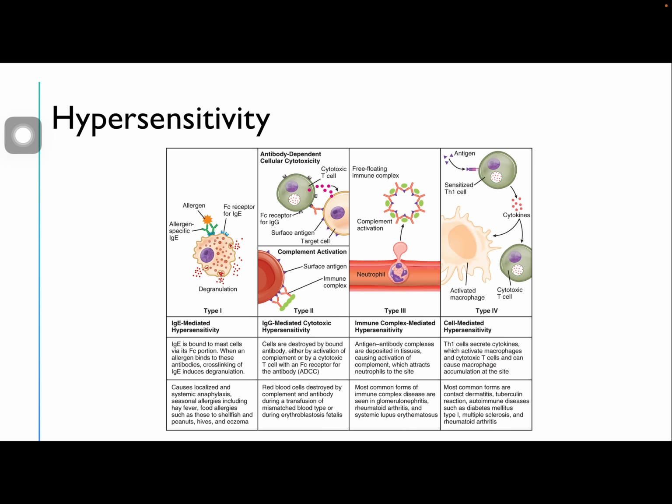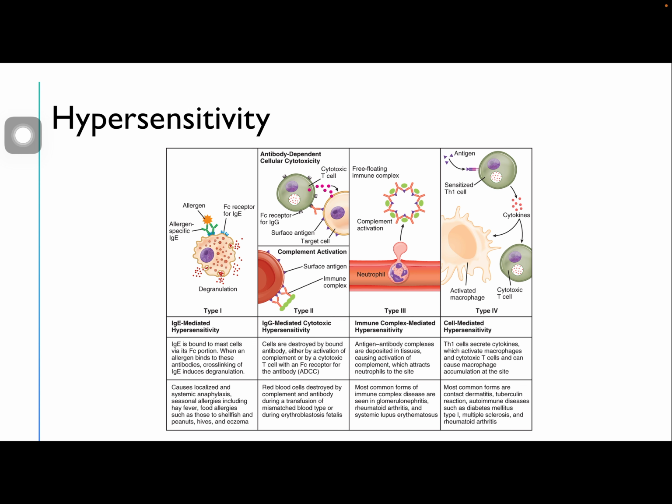So if I am type B blood, I will automatically have anti-A antibodies. I'm not going to have anti-O, because you don't form antibodies to O, but you form antibodies to the opposite type that you have.